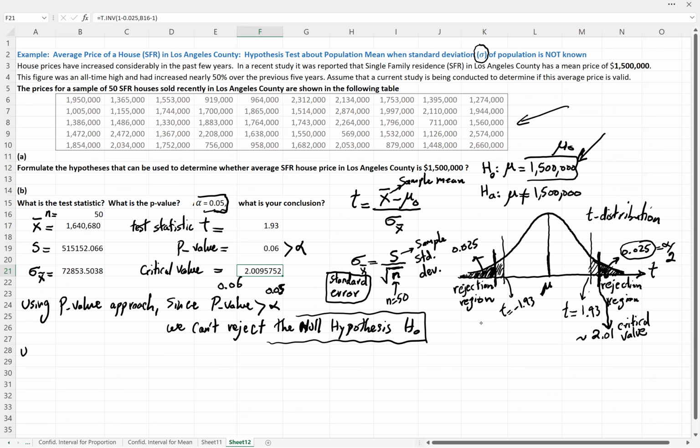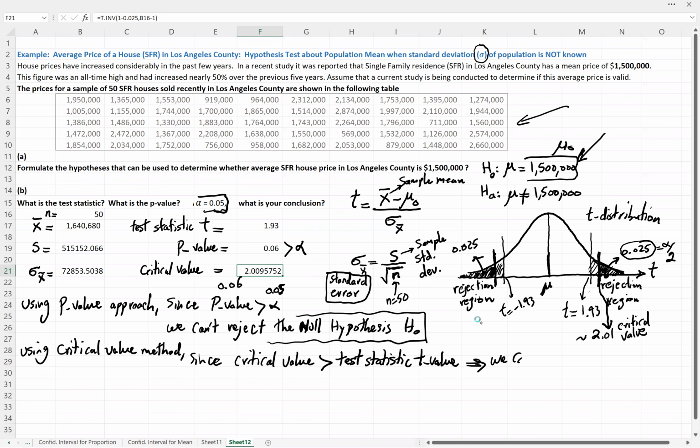Using the critical value method, you would say that since the critical value is greater than the test statistic, therefore we can't reject the null hypothesis H0, because the critical value is 2.01 and the test statistic t-value computed is 1.93.